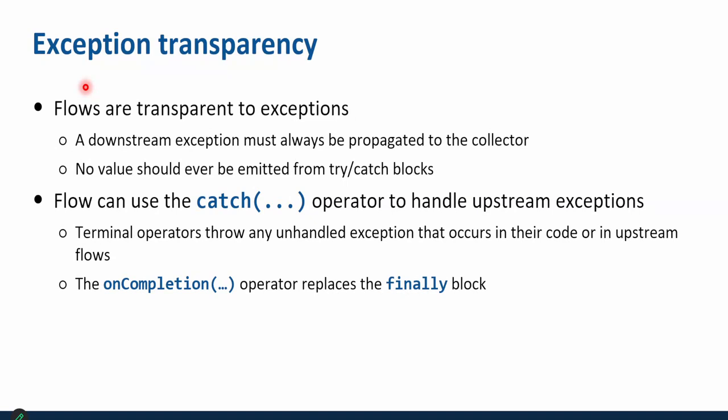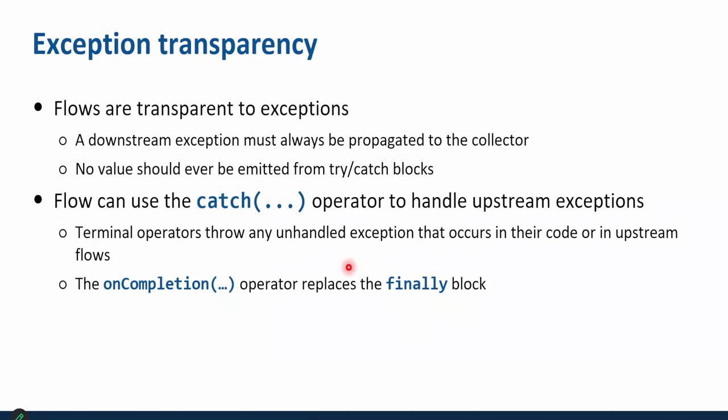Then you can catch at the topmost level, instead of for each intermediate operator, you can just catch at the final operator, or even based on the completion operator that you can access, which replaces the standard finally block available to catch.